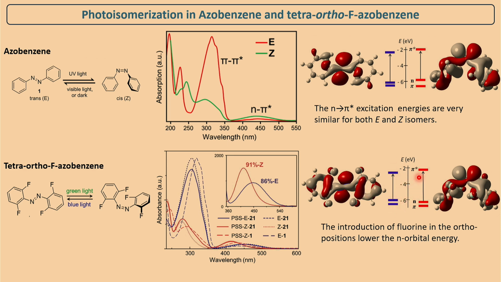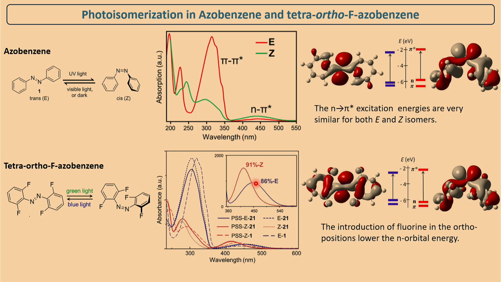You see that there is a huge difference between the n pi star transition here and the n pi star transition over there, and because of that you get very different n pi star bands. In normal azobenzene, you get the same kind of absorbance.